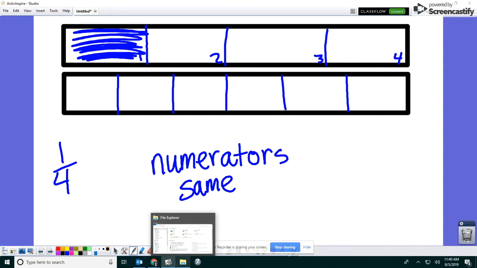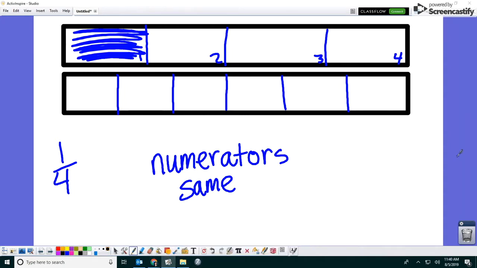But if the denominator is larger, in this case, we've got 6 pieces, those pieces are smaller because there's more pieces in the whole.